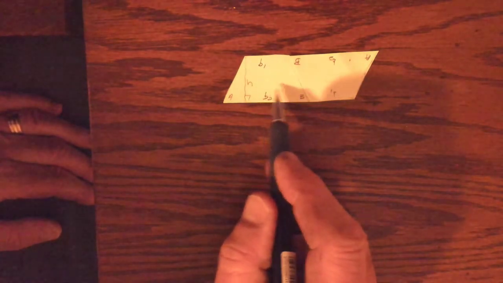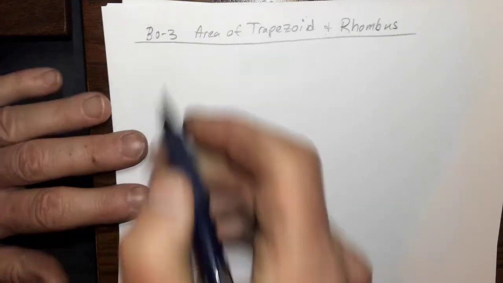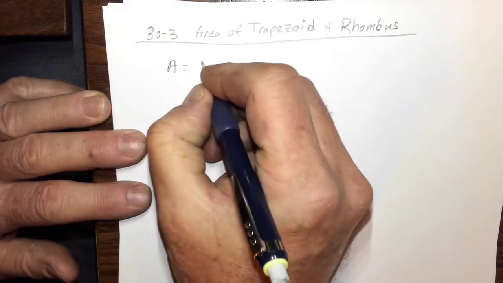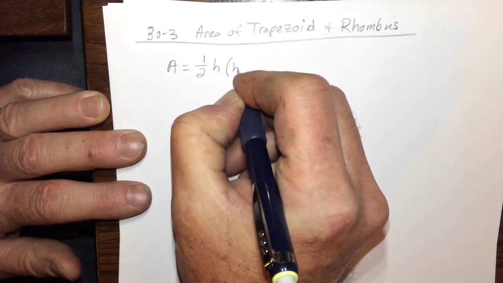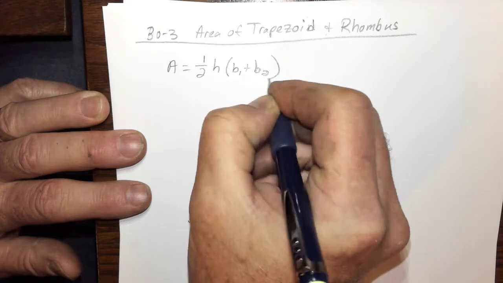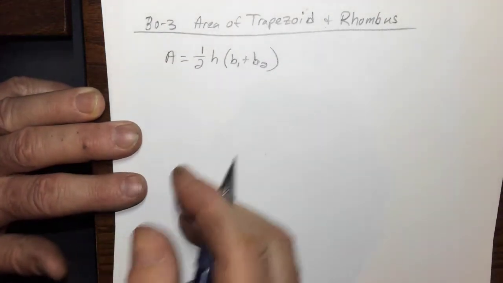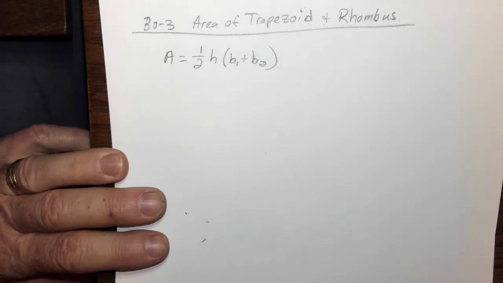Since these are identical, I would divide by 2. And so that's where the formula for the area of a trapezoid came from. The formula is area is 1/2 times the height times the sum of the bases, base 1 plus base 2 times the height divided by 2 or times 1/2, either way.